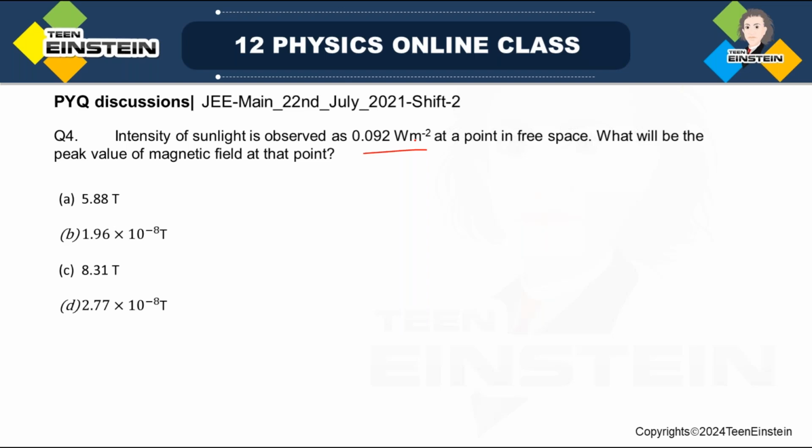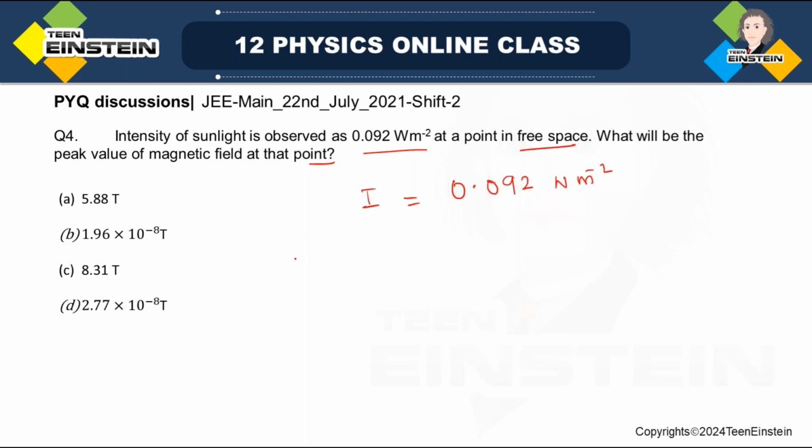The intensity of the sunlight is given at a certain point in free space. What will be the peak value of the magnetic field at that point? This question is also very important and very common in various competitive exams.